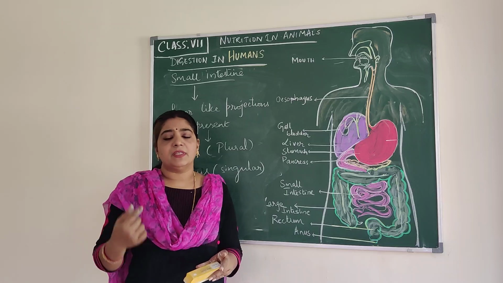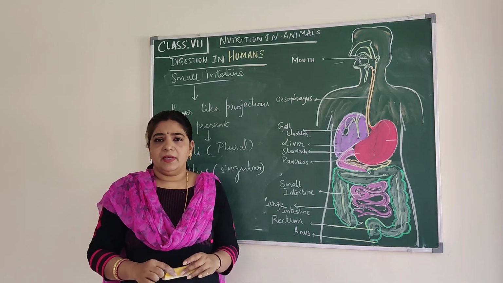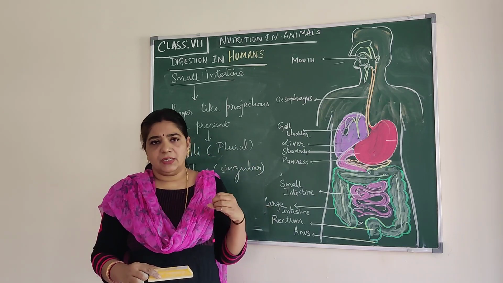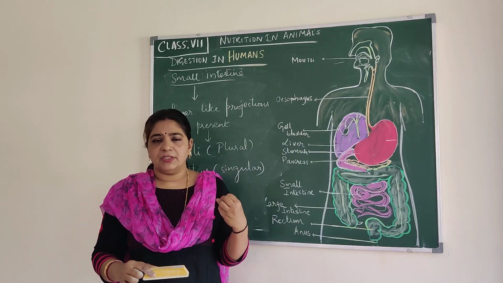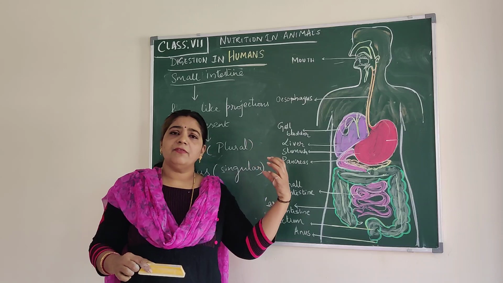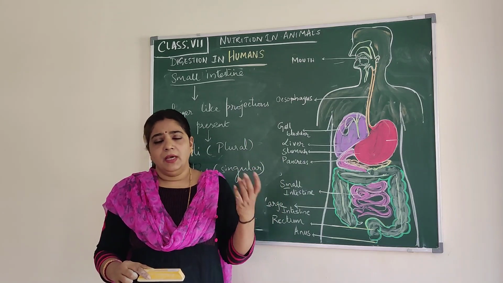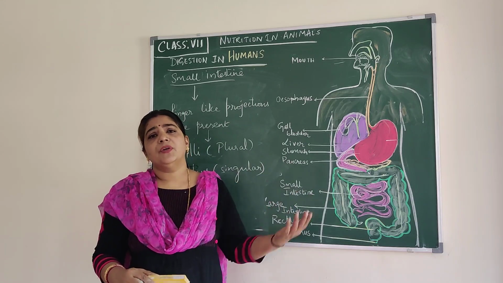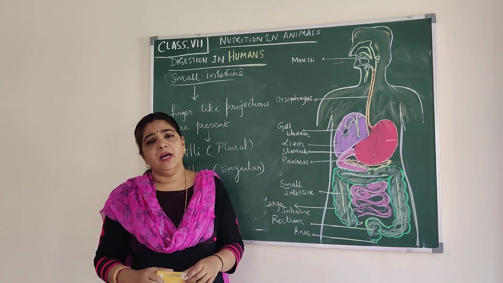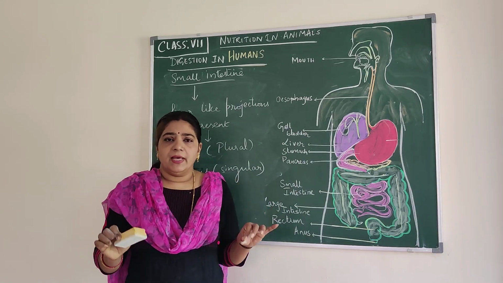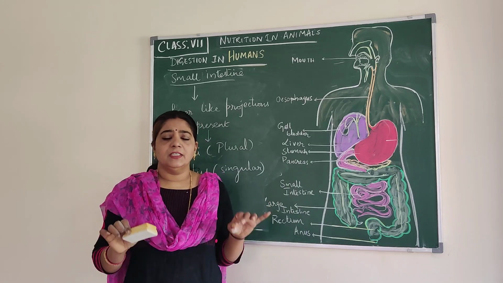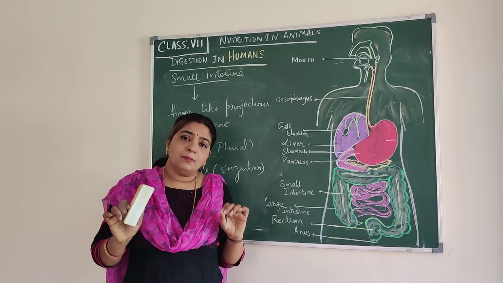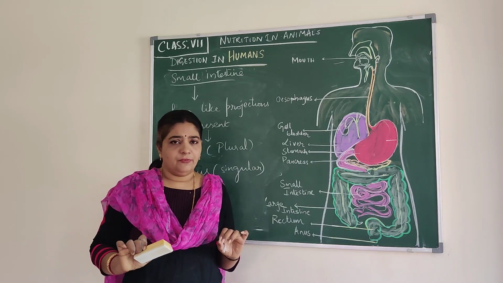So the villi will absorb the digested food, then from the villi the food will be absorbed by the blood vessels and sent to different parts of our body. So villi are the finger-like structures present in the small intestine which help in the absorption of digested food.